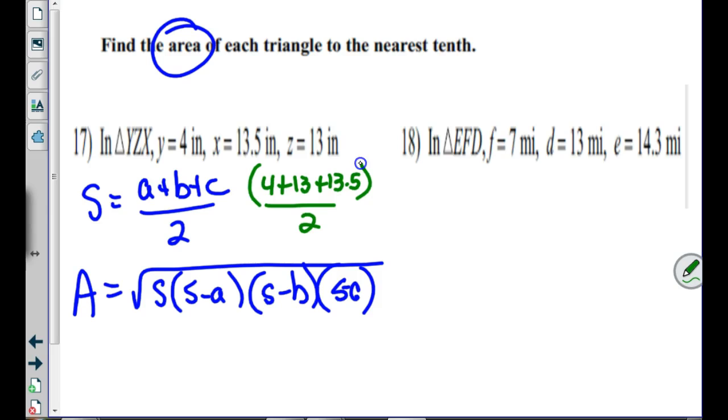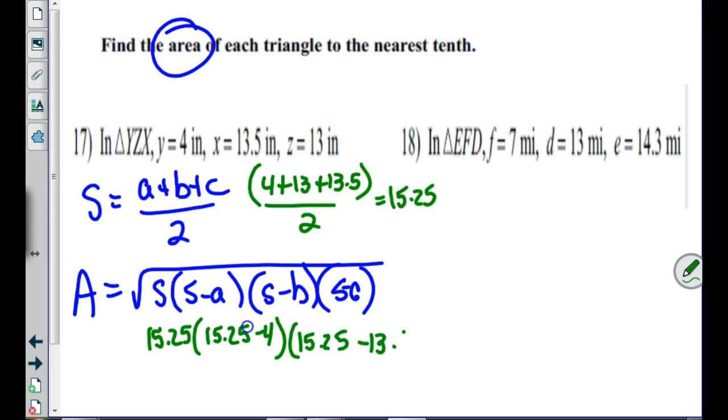So I got 15.25. That's lovely. So then we would have 15.25 times 15.25 minus 4 times 15.25 minus 13.5 times 15.25 minus 13.